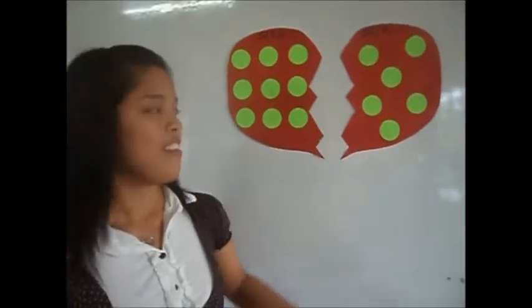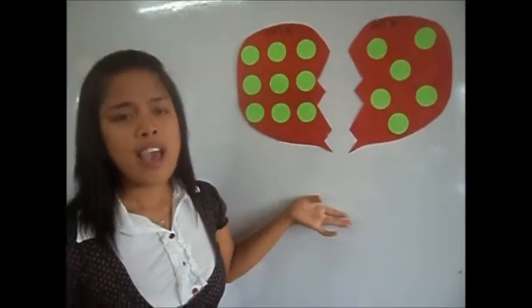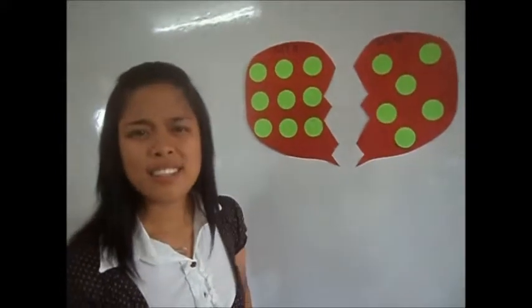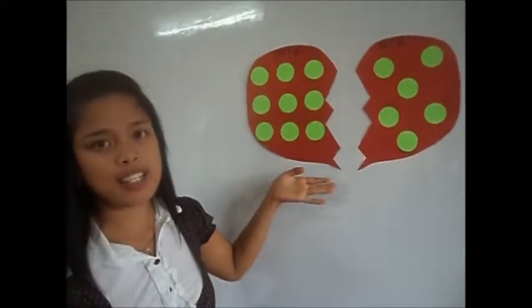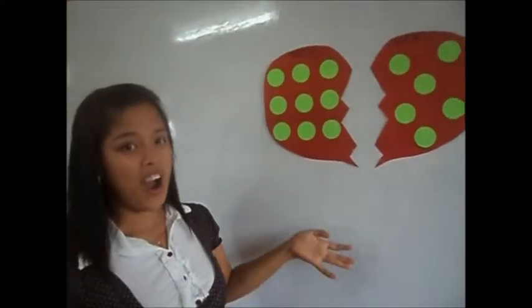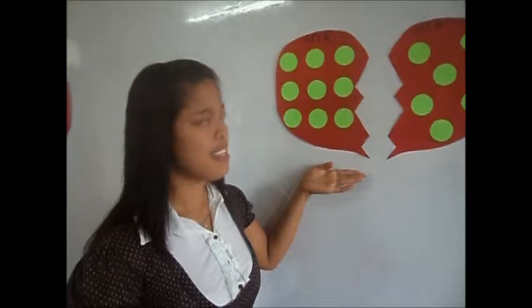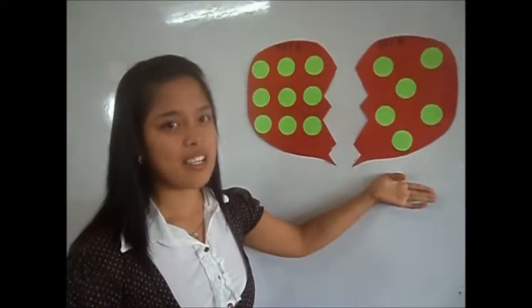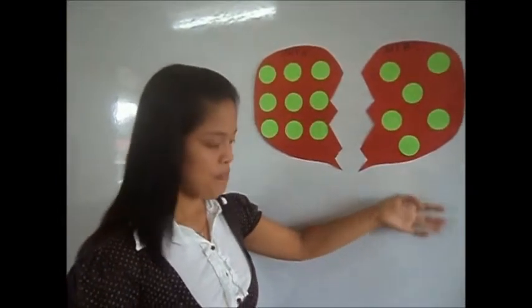Again, we have to compare these two sets in order to fix this heart. Again, how many circles in set A? Very good. There are 9 circles. How about in set B? Very good. There are 6 circles.